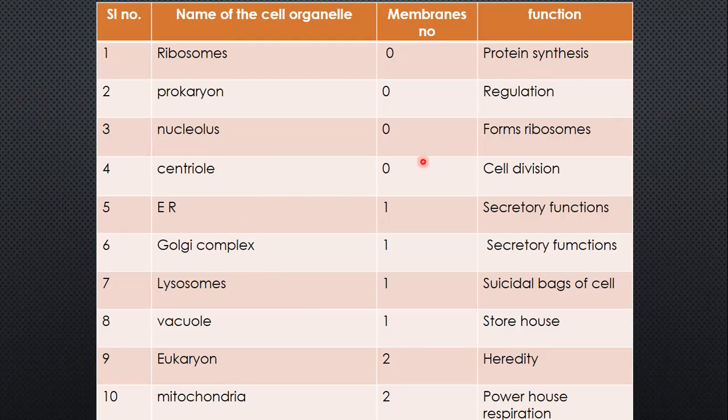Sometimes the thylakoid of the chloroplast is also considered a third membrane, and it helps in the preparation of food material. So here we see the evolution of cell organelles from no membrane to single membrane and from there to double membrane, and sometimes we can also consider the chloroplast a triple membrane cell organelle.